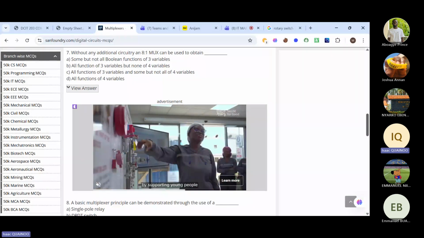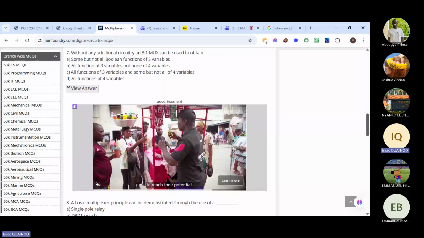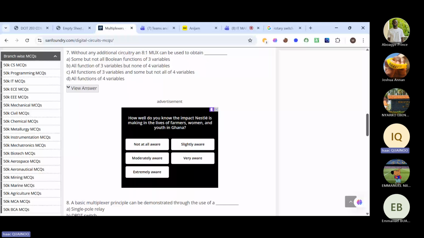Without any additional circuitry, an 8:1 mux can be used to obtain A, some but not all Boolean functions of 3 variables, B, all functions of 3 variables, but not of 4 variables, C, all functions of 3 variables, and some but not all of 4 variables, and D, all functions of 4 variables.